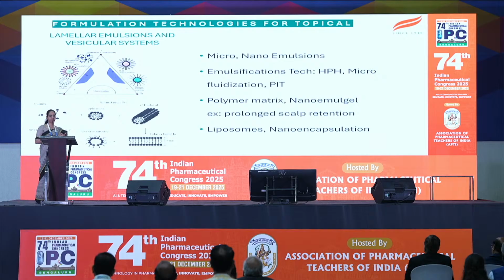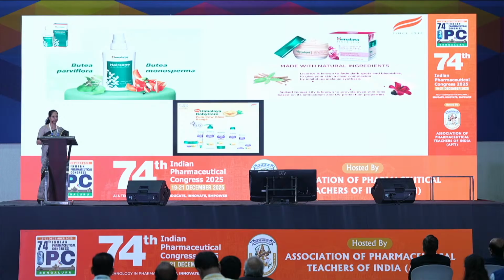If I have to give some examples at Himalaya where we have used advanced technologies: in a hair zone solution, which is a spray, two herbs, Butea monosperma and Butea parviflora, have very good efficacy for hair growth in specific cases like alopecia areata. Then we have a skin even product, which we also call brightening, with different names in other countries.